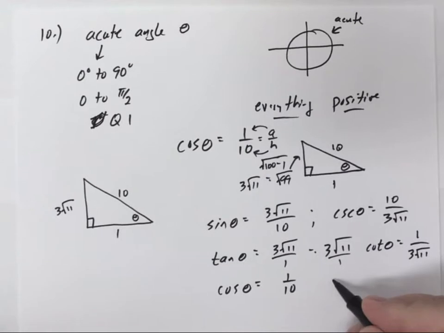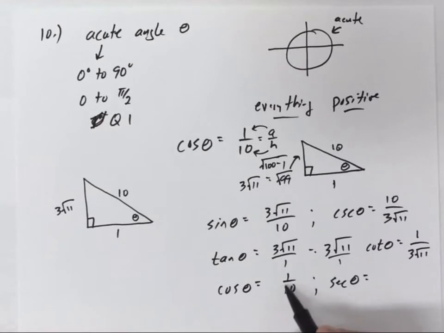And then cosine gets paired up with the secant. If we take the reciprocal of this, it's just going to be 10. All right, so that's number 10.